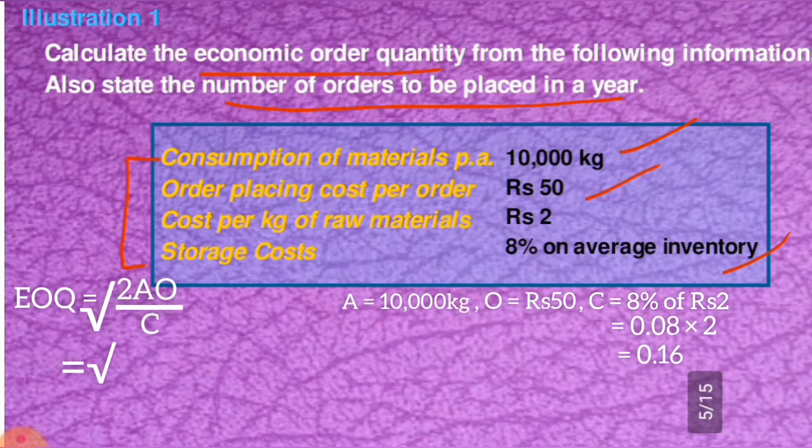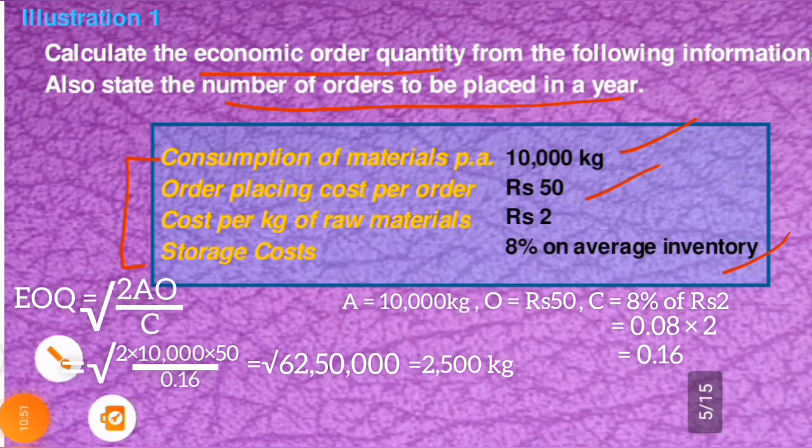Now let's put that in the formula. Under root 2 into 10,000 into rupees 50 by rupees 0.16. So by calculating this, EOQ is equal to 2500 kilogram.